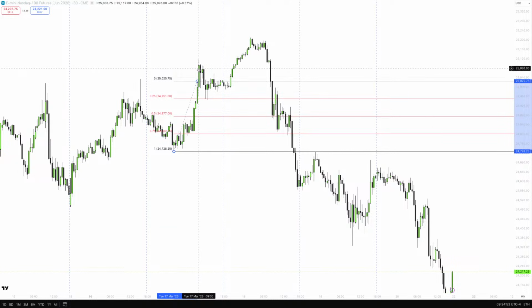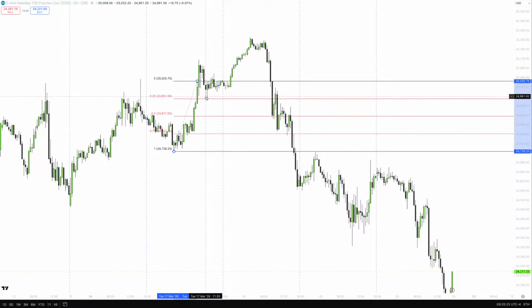But as soon as we drop again inside of that daily range that we formed before we opened up at 9:30, then you can look for longs again, like we had perfectly in this case. So we went higher, then we could have taken shorts above the daily range and then take longs as soon as we get inside of the daily range.